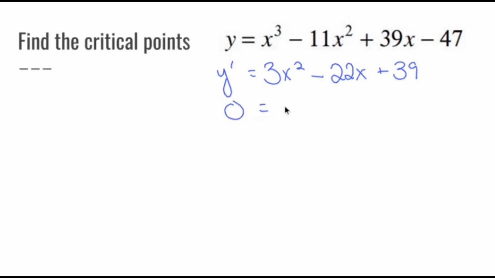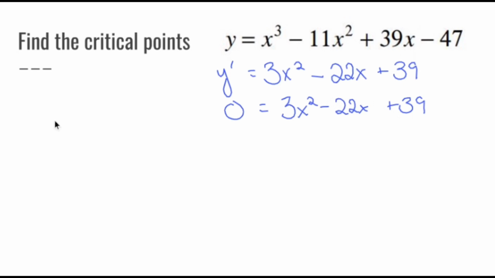I can't factor it out. But once I get to this point, I could use a good old friend called the quadratic formula. Maybe it does factor out. I mean, it doesn't factor out regularly. You probably can factor it, maybe using 13s and 3s, but I don't know. I'm nervous and I'm not going to risk it.